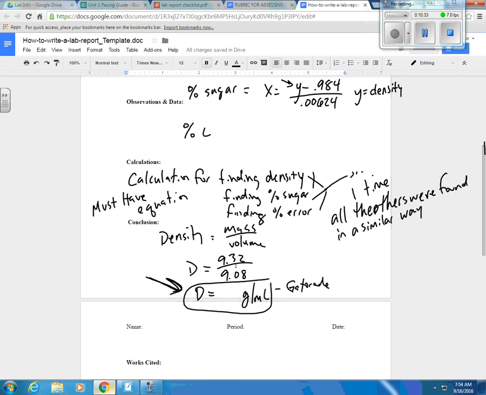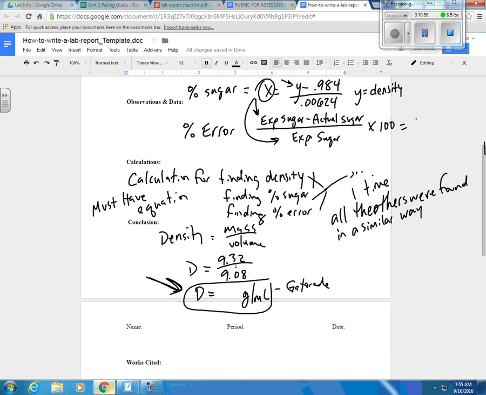Then you're going to go to your percent error. You're going to do your experimental sugar minus the actual sugar I gave you, divided by the experimental sugar again. So you're going to use this x value in two places.